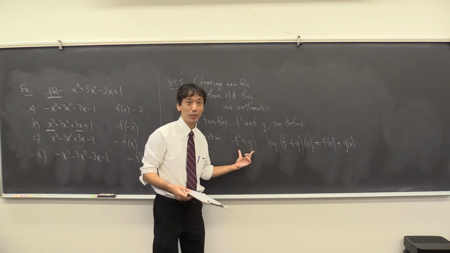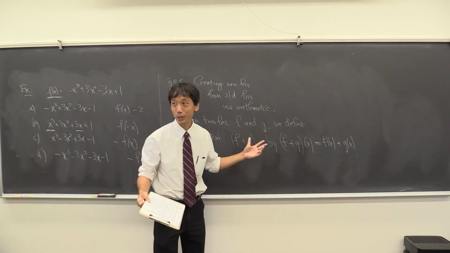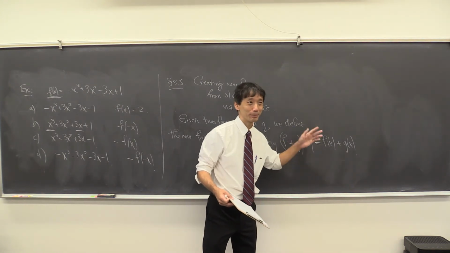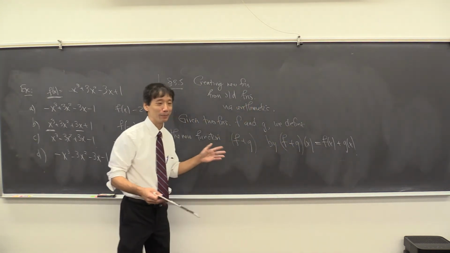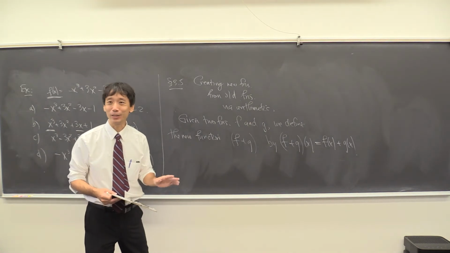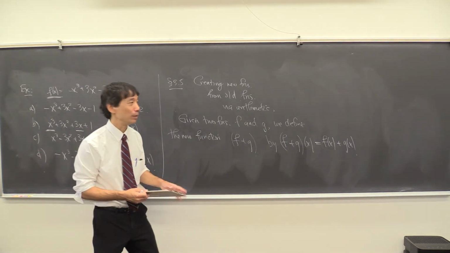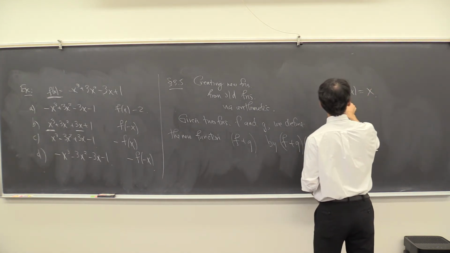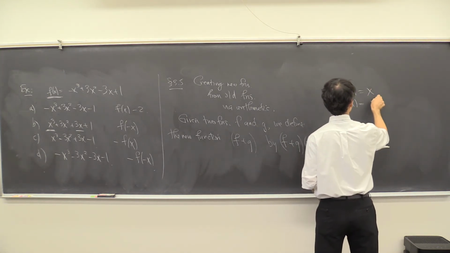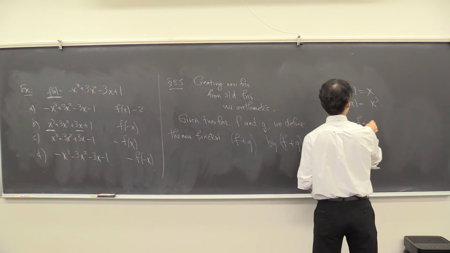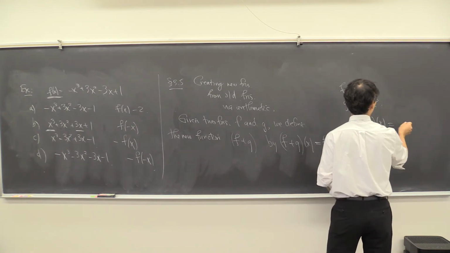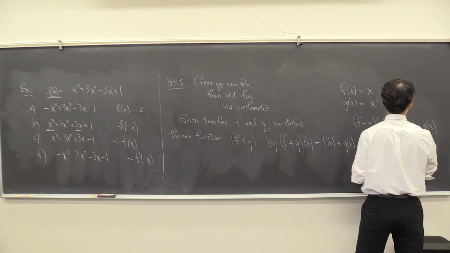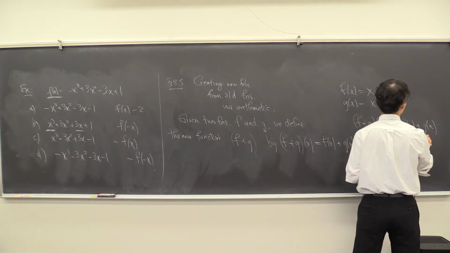So we create this new function called f plus g. What does it do? It gives you back f of x plus g of x. This is not the most impressive thing. If I have some function f of x equals x and g of x equals, say, x cubed, then the new function will give me back f of x plus g of x, in other words, x plus x cubed.